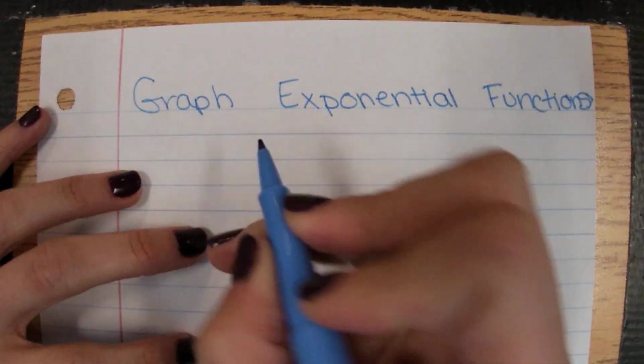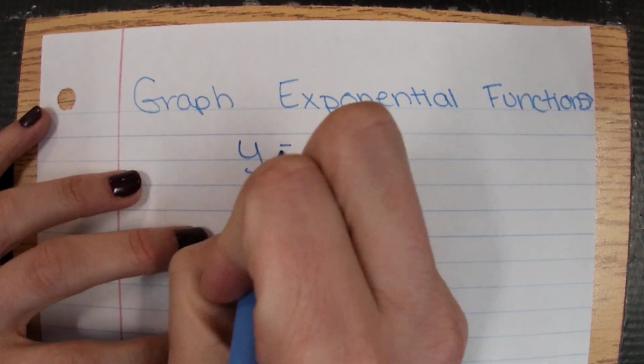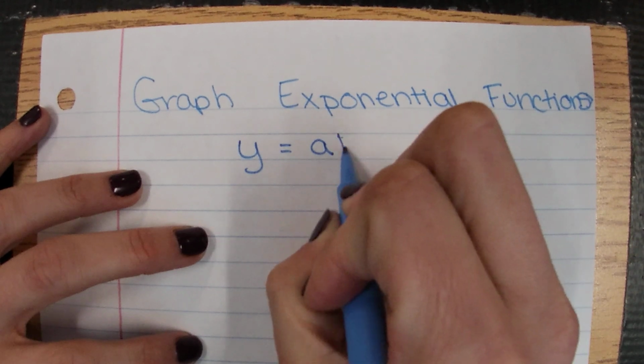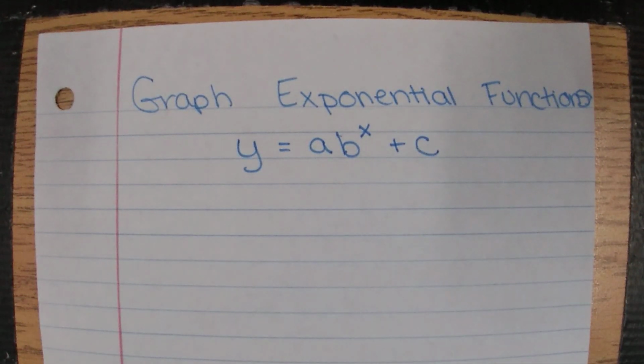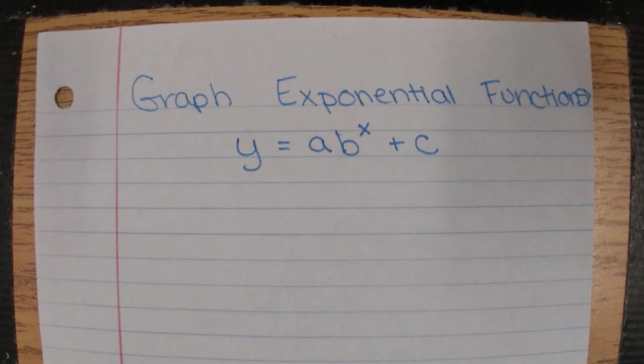When we are graphing exponentials, they're in the form y equals a, b to the x, plus c. So what makes it an exponential is that the variable is no longer the base, but the variable is now the exponent. Exponential functions all have a variable as the exponent.